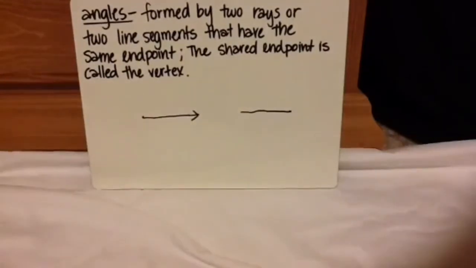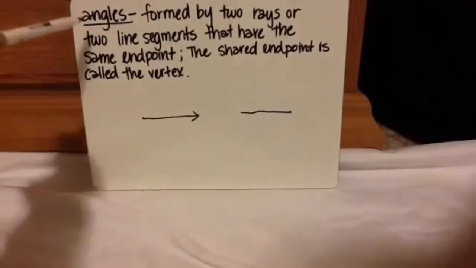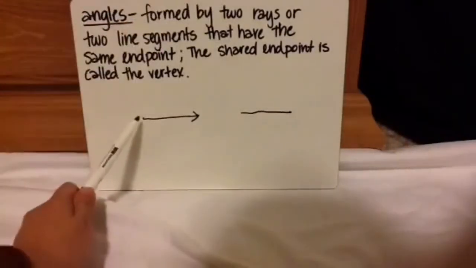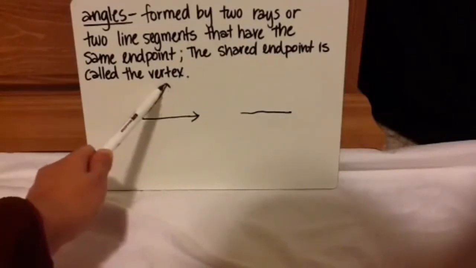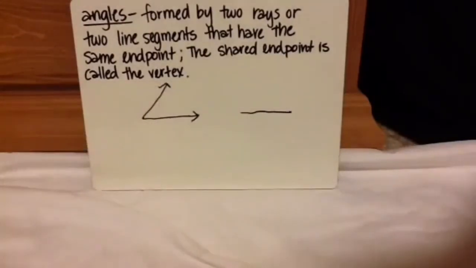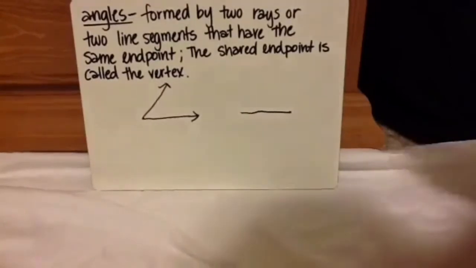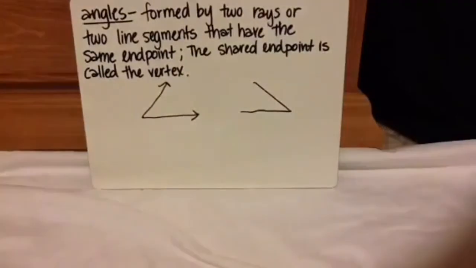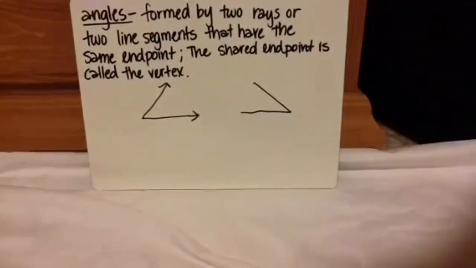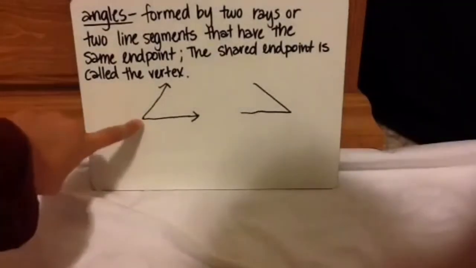So an angle is 2 rays, like saying you have this and this connected, or 2 line segments. So you could have this and this connected.